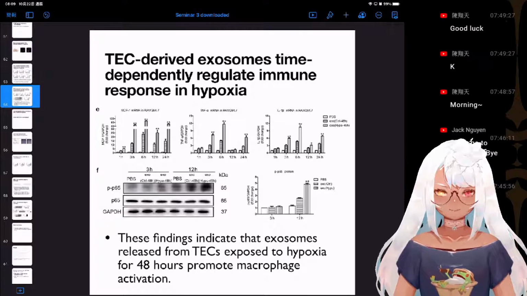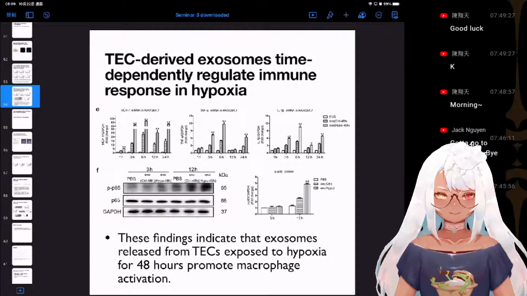You can see here. Yeah, we can just call it the hypoxia group.